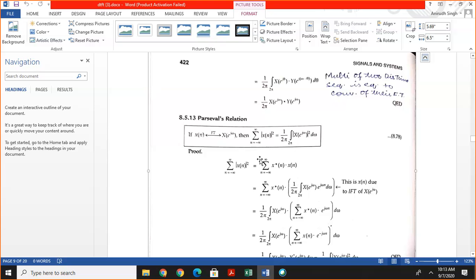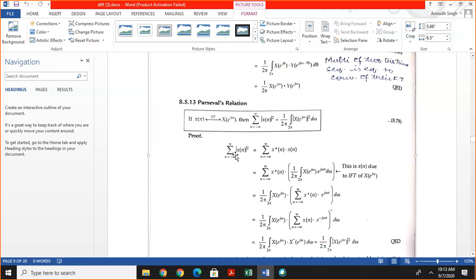How can we calculate the energy of a signal? Summation from n equal to minus infinity to plus infinity of the square of mod of x of n is also written as summation from minus infinity to plus infinity of conjugate of x of n multiplied by x of n.